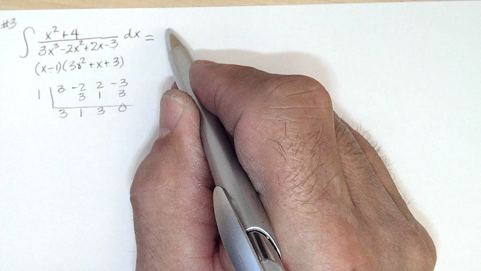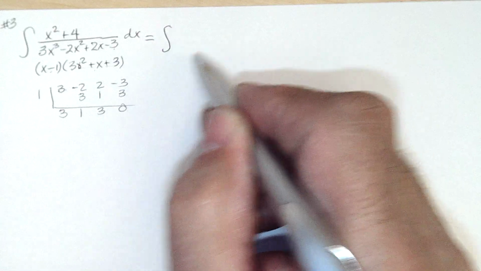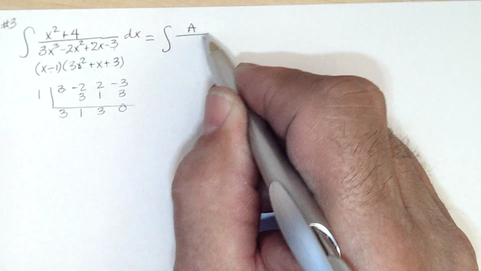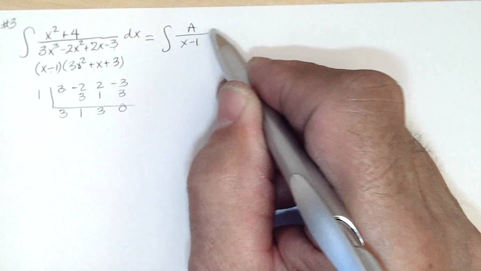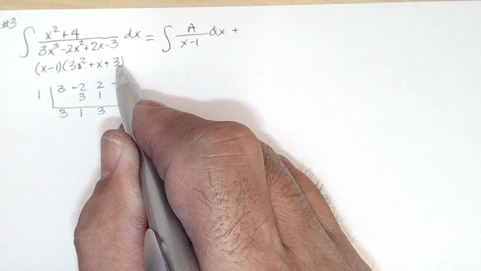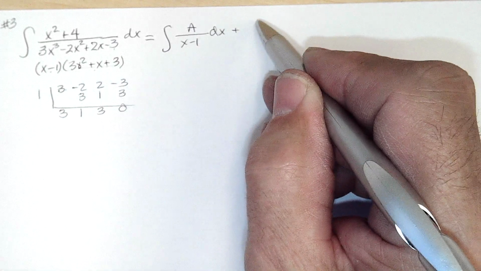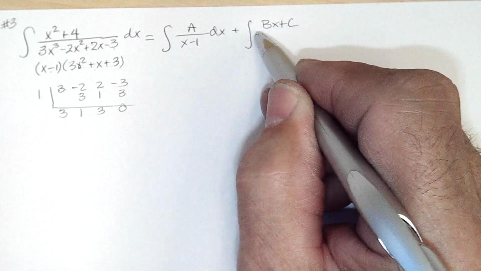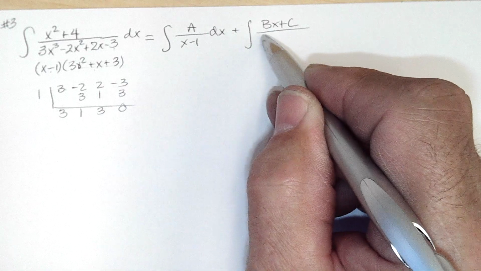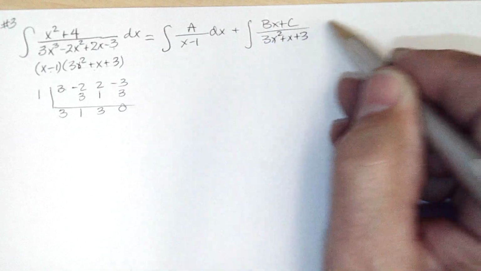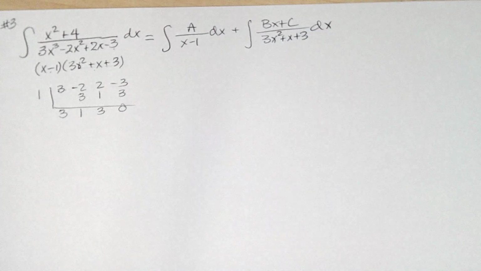So the rules of integration by partial fractions says that's a linear term, so we put A over it, and we put Bx plus C. Since it's a quadratic factor, I'm going to do Bx plus C over this.